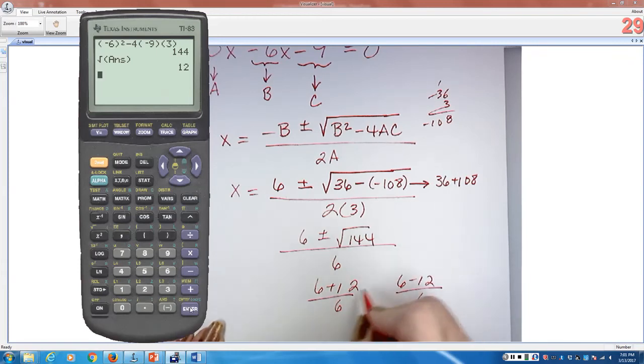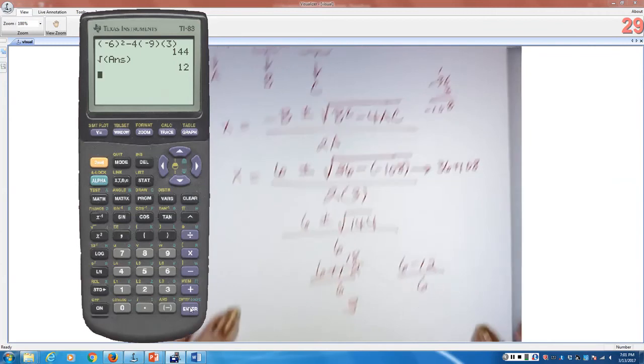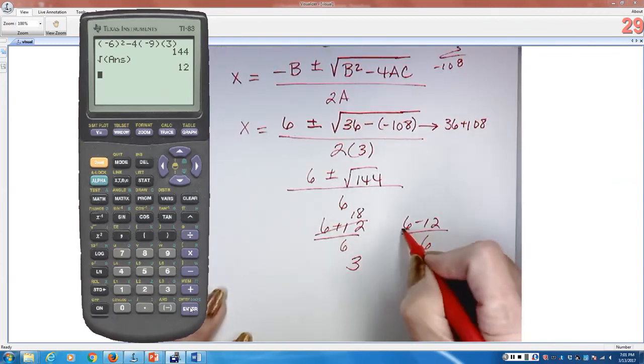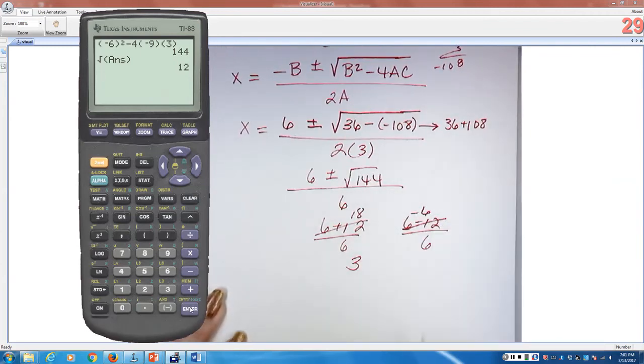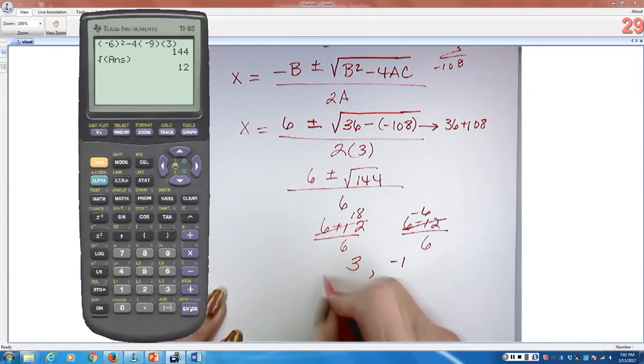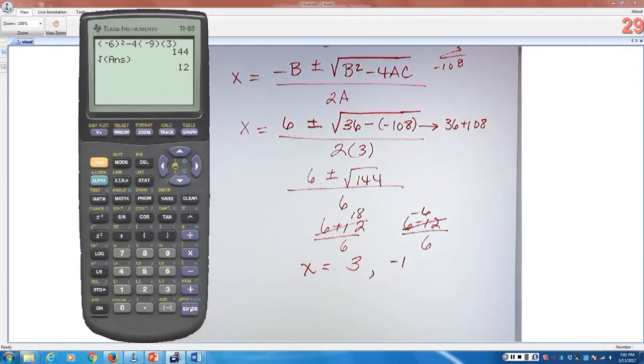Since 6 plus 12 is 18, and 18 over 6 is 3, 6 minus 12 is negative 6, and negative 6 over 6 is negative 1. x is equal to 3 and negative 1, which is exactly what they got by factoring. So if you don't want to bother with trying to factor, you don't have to. You can always use the quadratic formula.